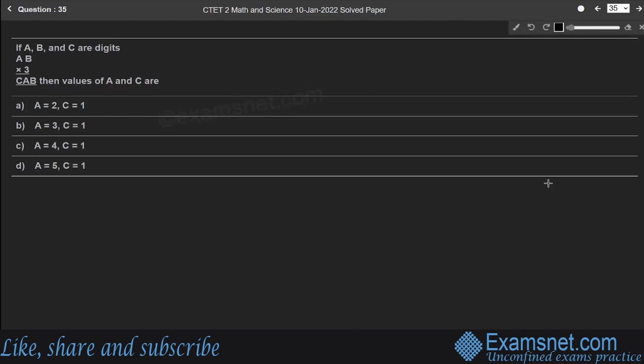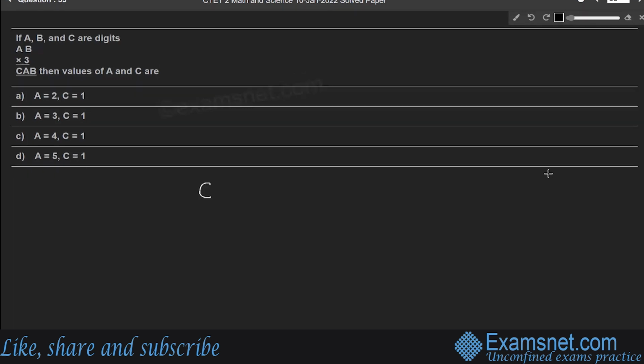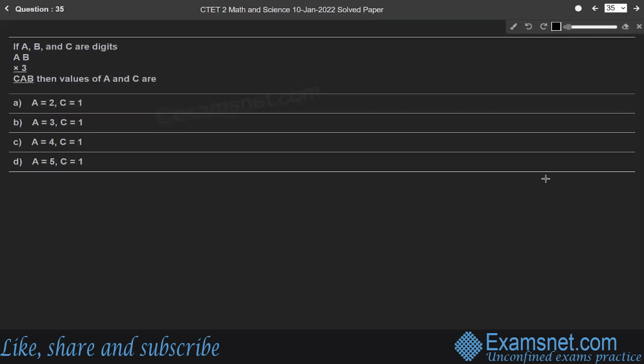Question 35. If A, B and C are digits, AB into 3 is equal to CAB. Then values of A and C are. So, given that AB into 3 is equal to CAB.